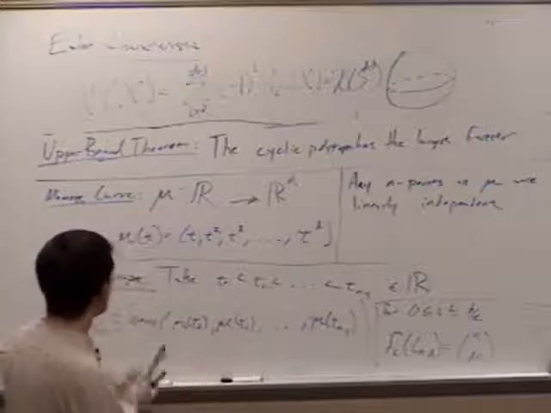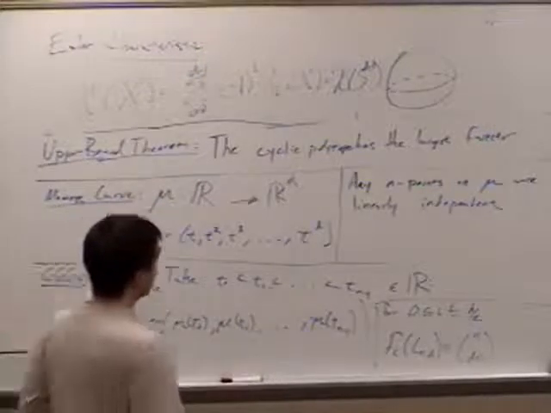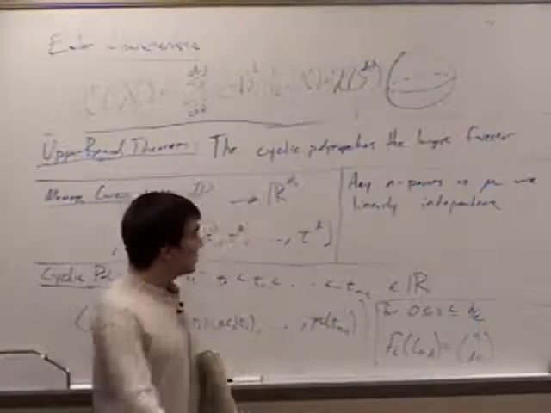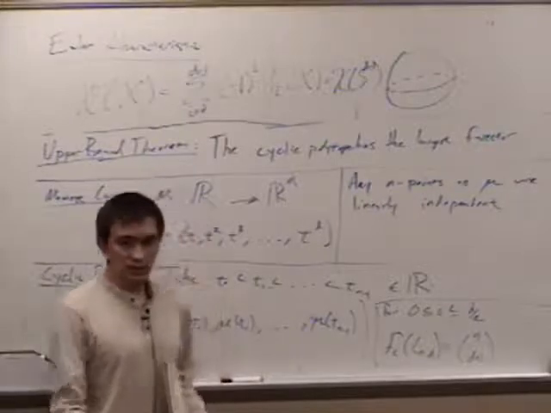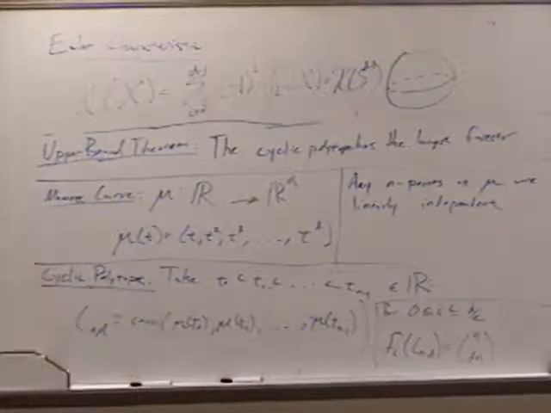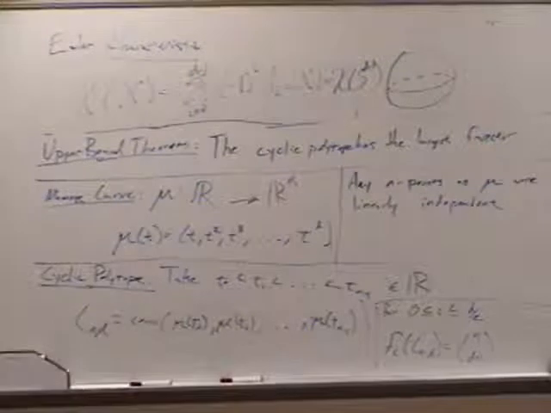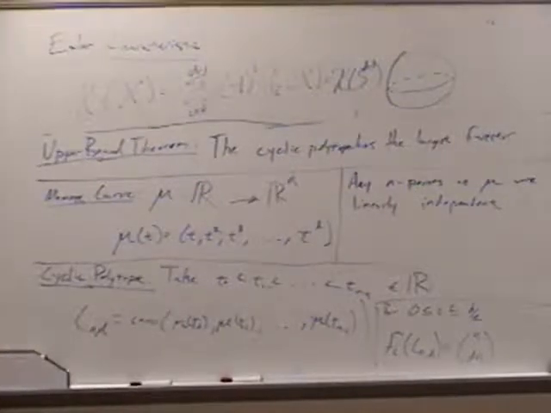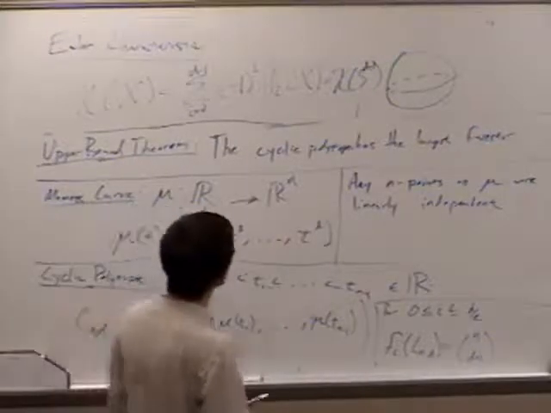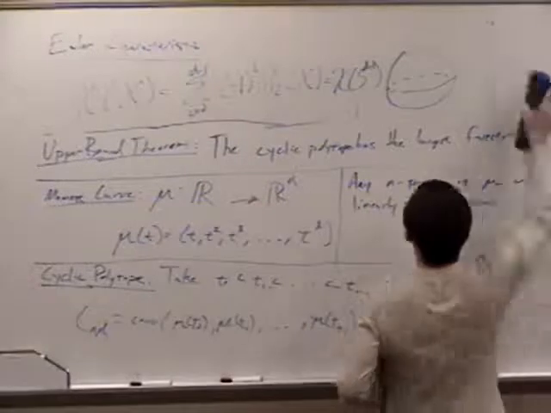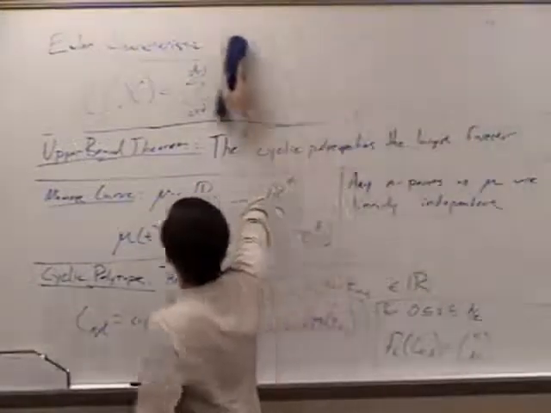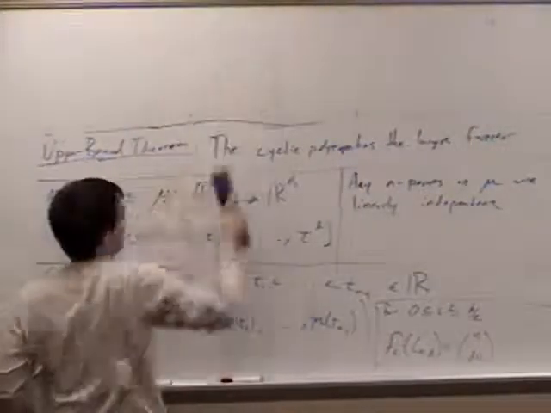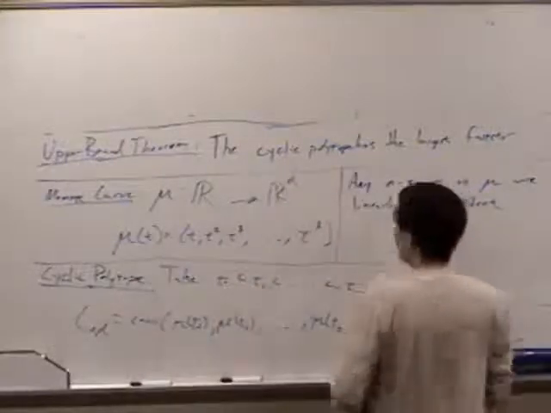But the moral of the story is that if you take the d minus first component of the F vector in terms of the number of vertices, n, then it will end up being n to the d over 2. So that's the result. This is the big conclusion here. Right, so I'm going to erase this stuff here. The Euler characteristic. So here's the conclusion.